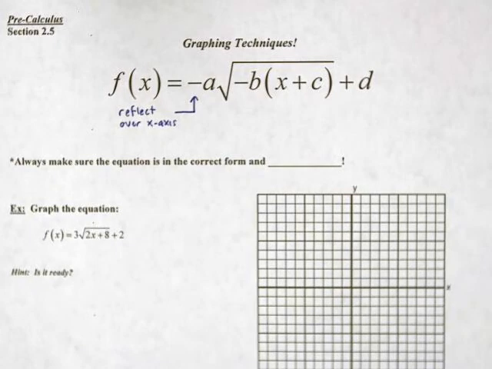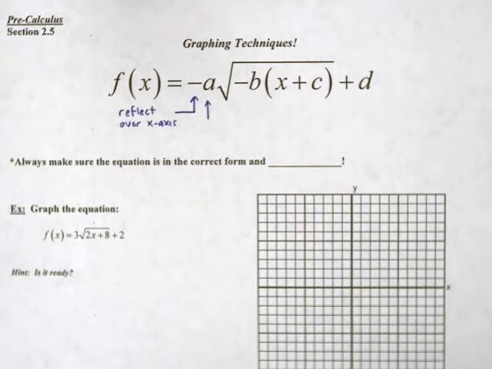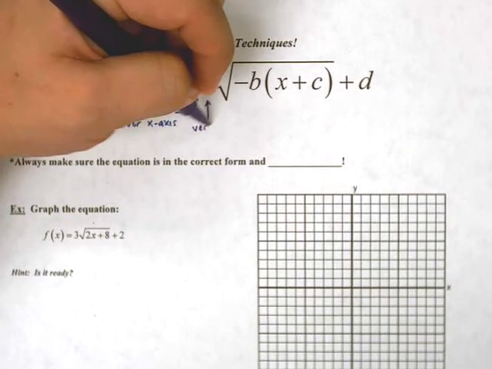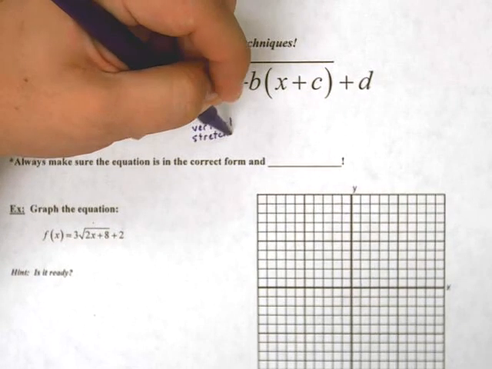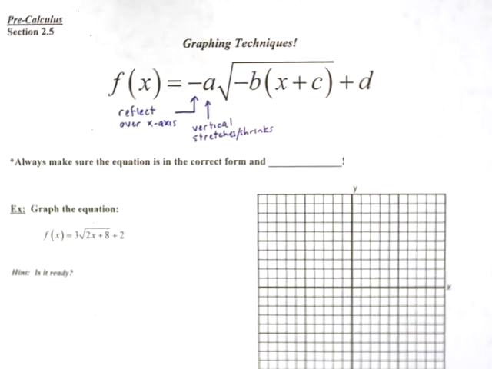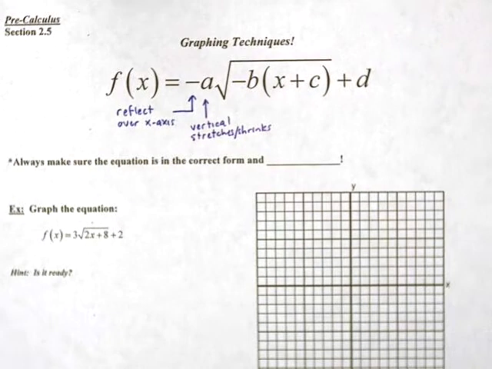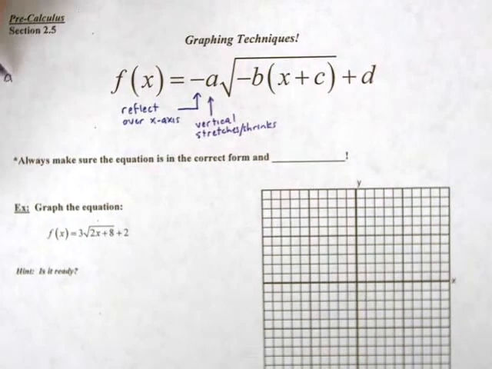Now, moving on from that, we can talk about this a value. This a value tells us about vertical stretches or shrinks. Over to the left, I'm going to come up with some rules here. We know that the a value can do a couple of different things.